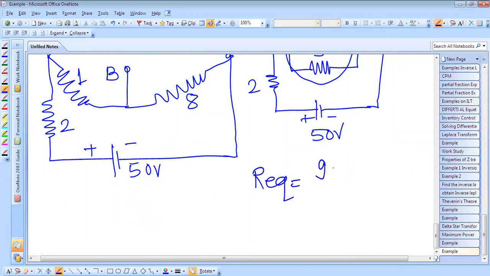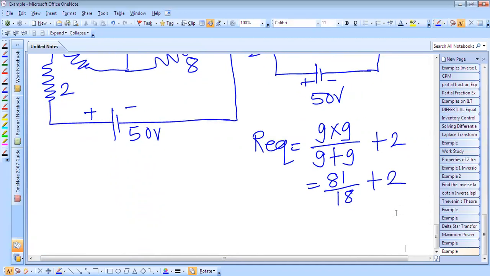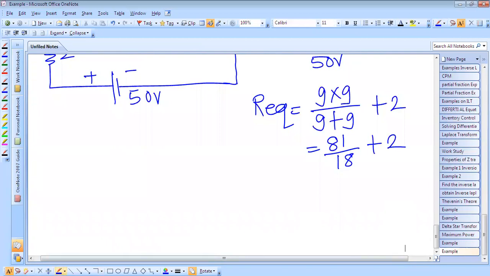It is 9 into 9 divided by 9 plus 9, plus 2. So this is coming equal to 6.5 ohm. So R equivalent is equal to 6.5.